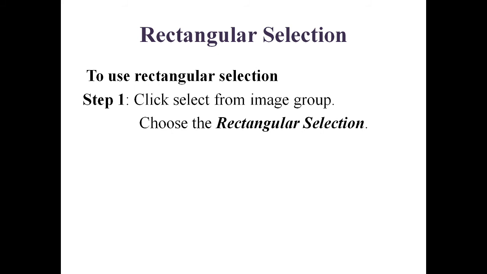Rectangular selection. To use the rectangular selection, what are the things we have to follow? Step 1: click the select option from the image group, and from that choose the rectangular selection.